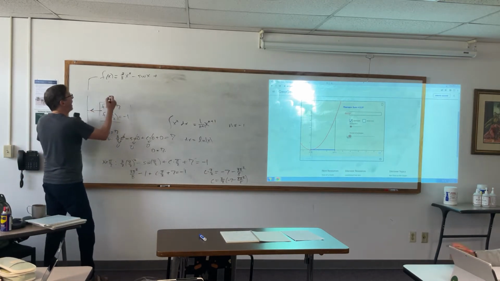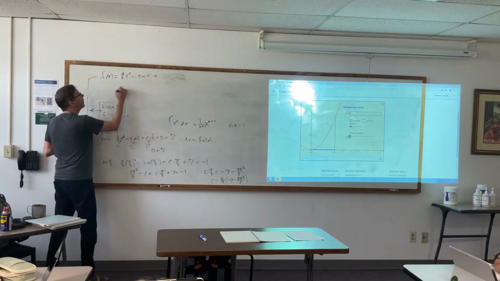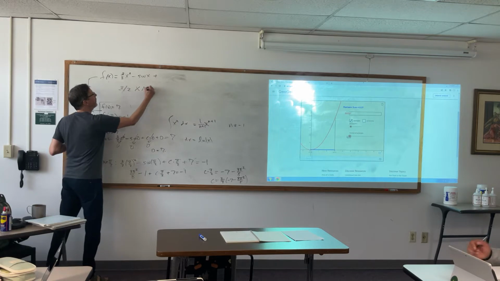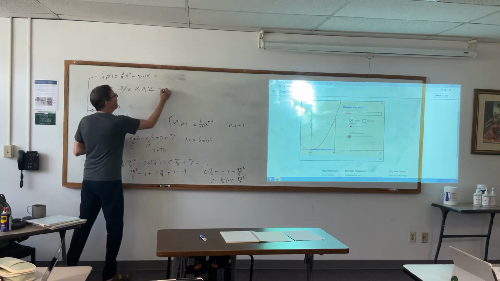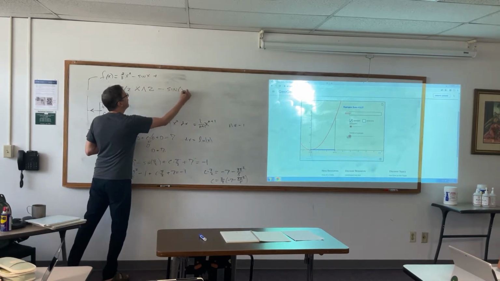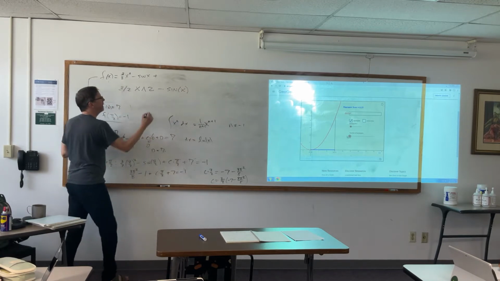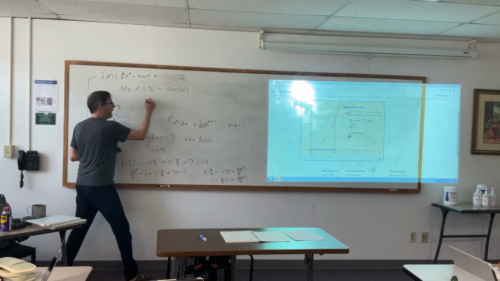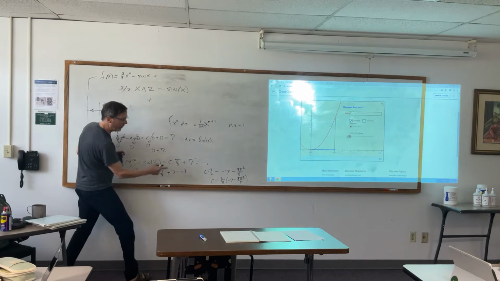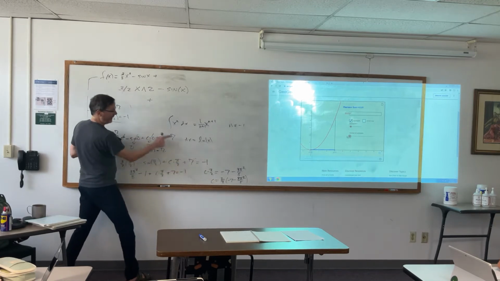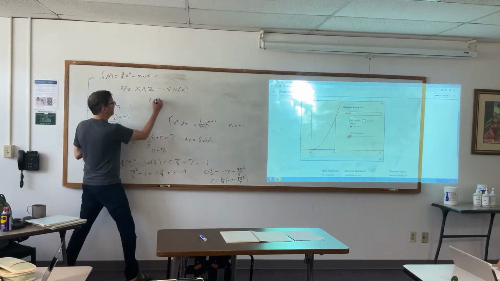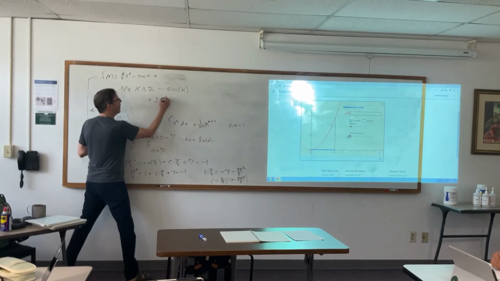So in WebWork, I would say 3 halves x squared minus sine of x. And then this is still in the same line, but it's going to be pretty atrocious. Plus, I'm going to put that thing in. 2 over, how do we do pi? Do we just write the word pi? Yeah, it doesn't matter if it's capitals or not.